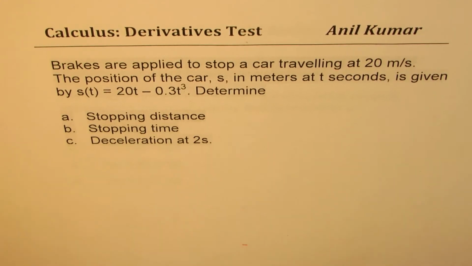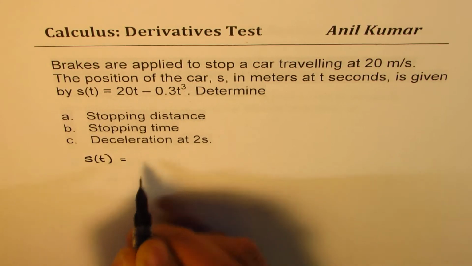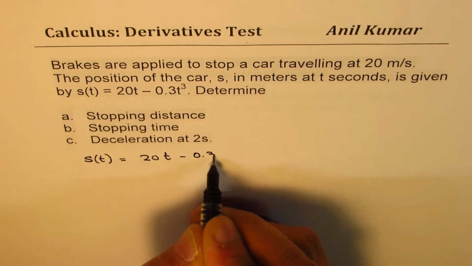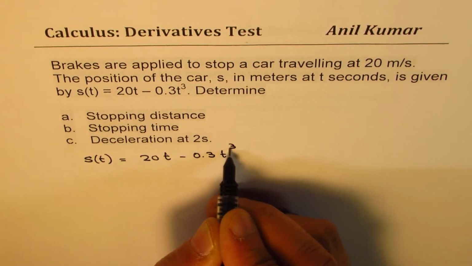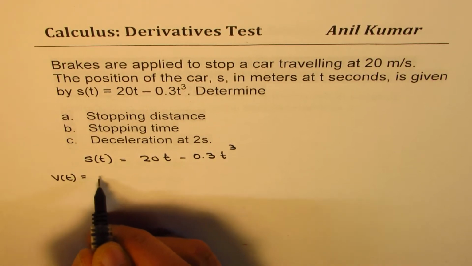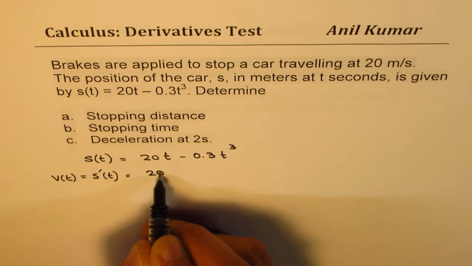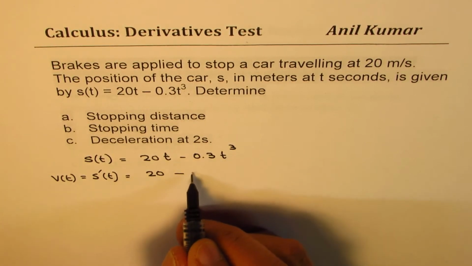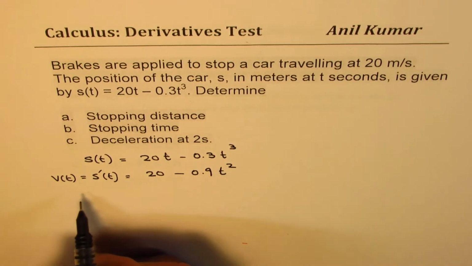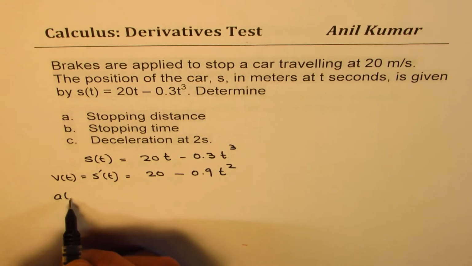So what we are given here is position or displacement, which is S of t equals 20t minus 0.3 t cube. If I take the derivative, we get the velocity, which is the first derivative of displacement, which will be 20 minus 3 times 0.3, which is 0.9 t square. Second derivative of this will be the acceleration, right?